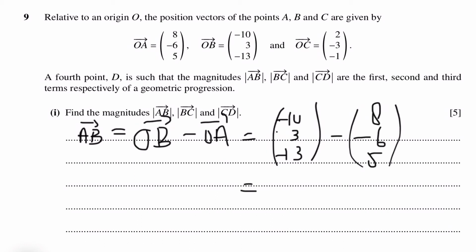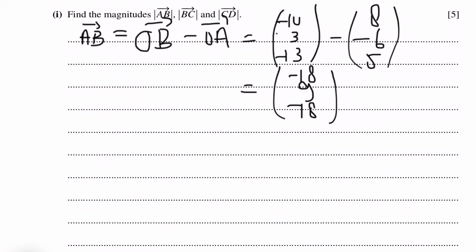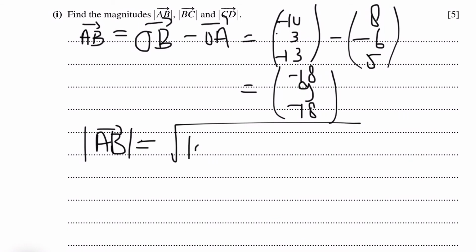So this will be -18, 9, -18. So the magnitude will be the square root of the numbers squared, which will give you 27.